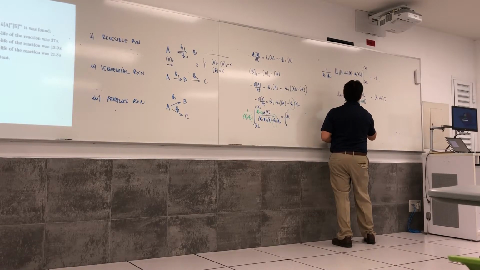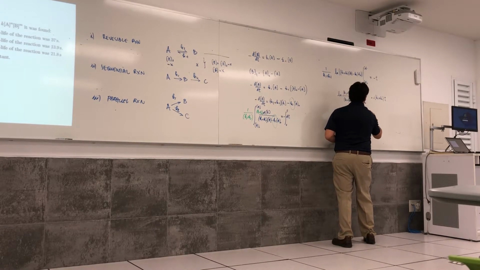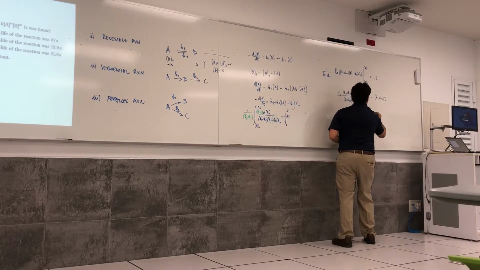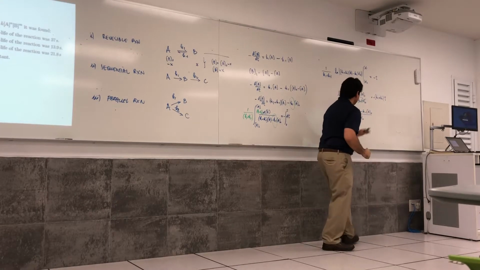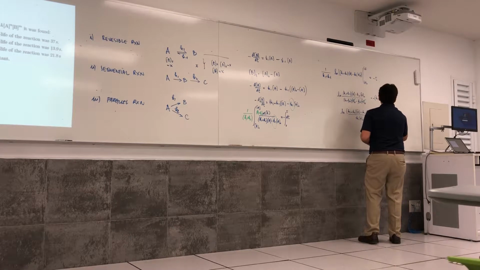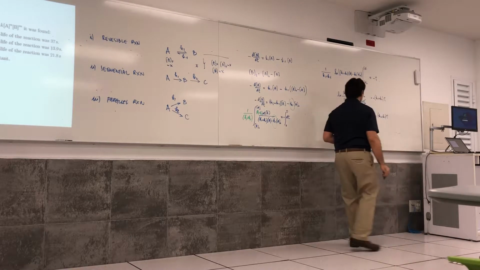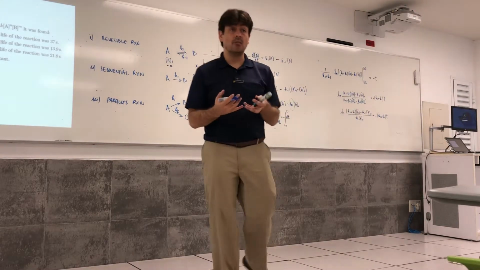So we have two terms in the numerator and one term left in the denominator, which is k1 times A0. And that is equal to minus k1 plus k minus 1 t.